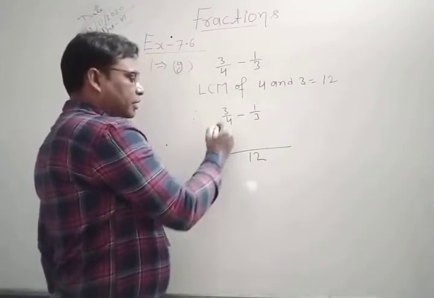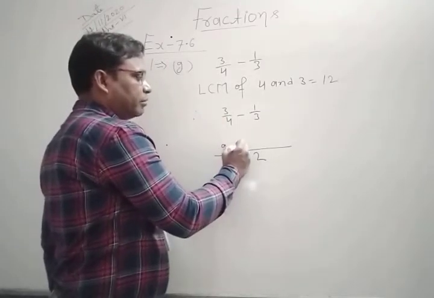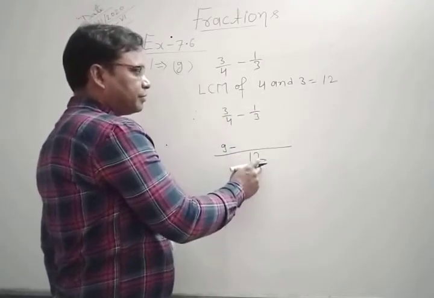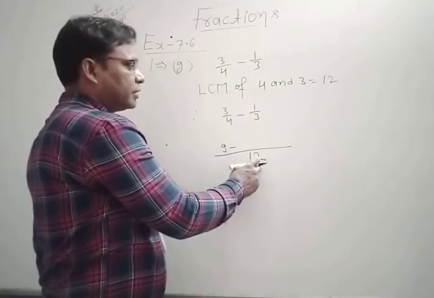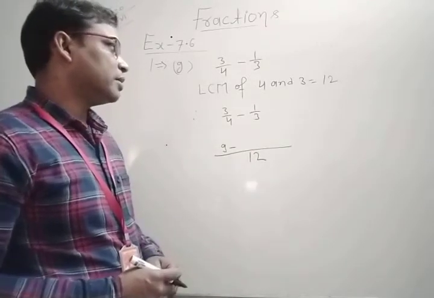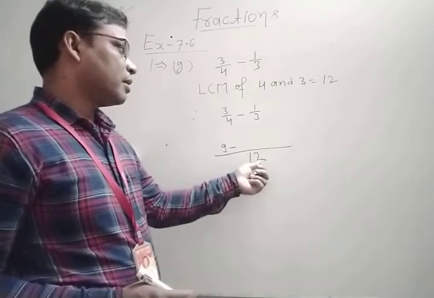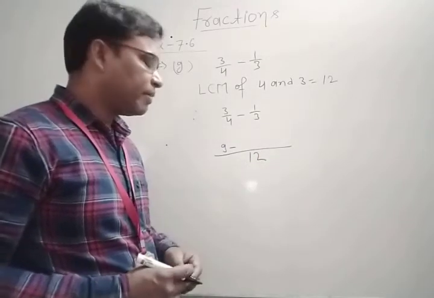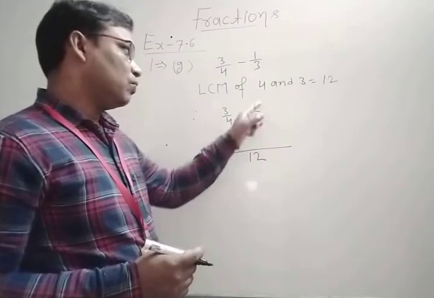And you multiply this 3 by the numerator 3, and you obtain 9, minus. When you divide 12 by 3, you obtain 4, and you multiply this quotient by the numerator.